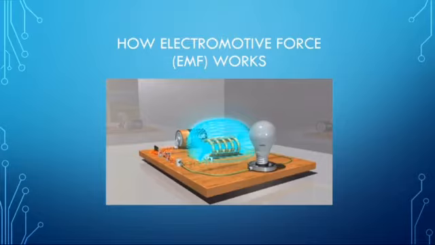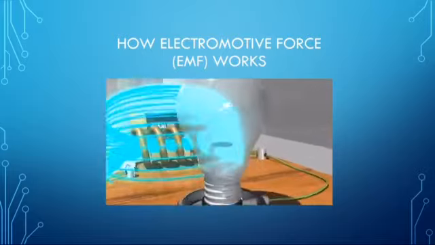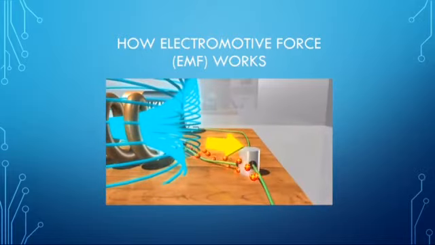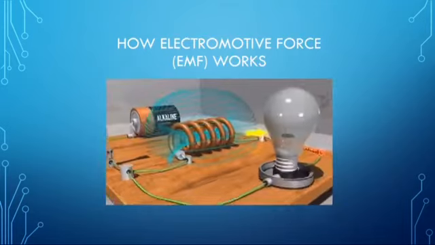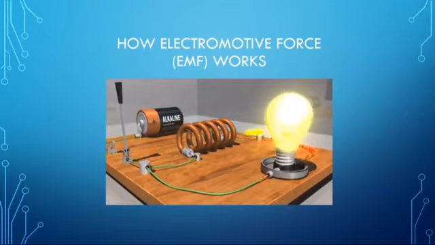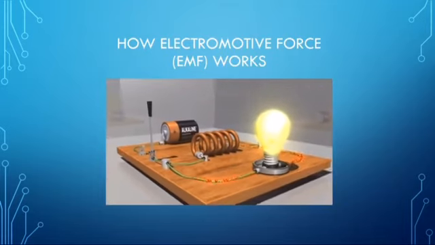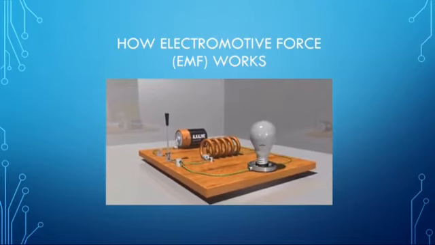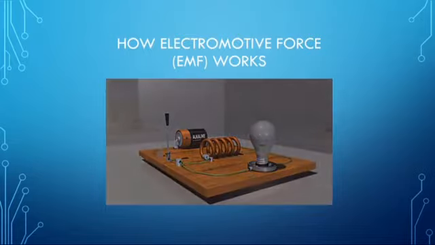The same phenomenon occurs when the magnetic field is shrinking, which happens when we open the switch and stop current flow from the battery. Once again, the back EMF opposes the change that created it. In this case, the change is the cessation of current. So, opposing this change, the back EMF wants to maintain the current, which flows once again to the bulb, causing it to flash before it fades away altogether.